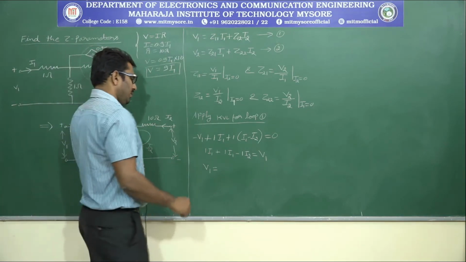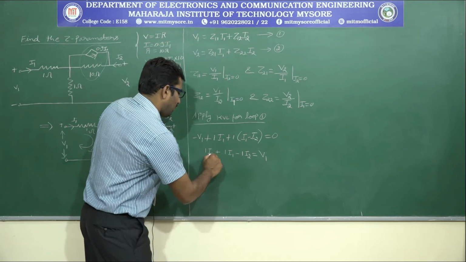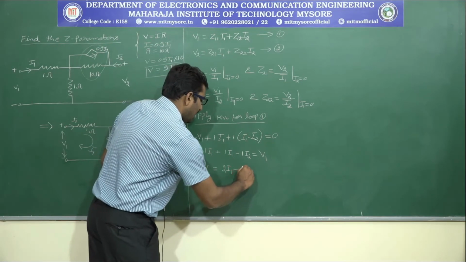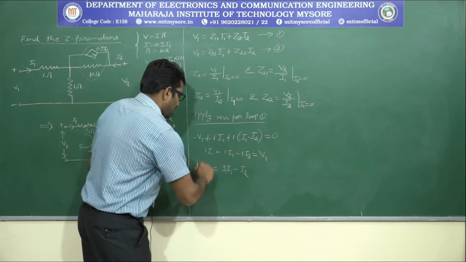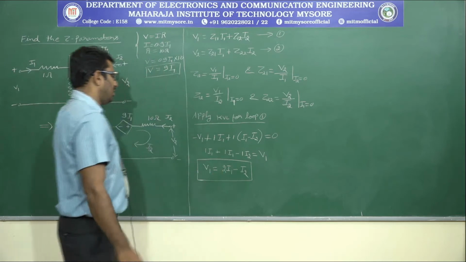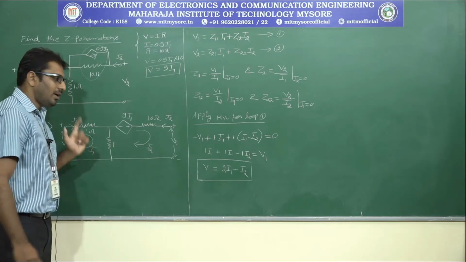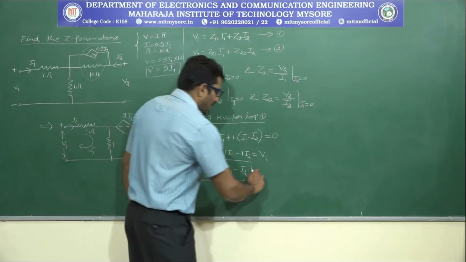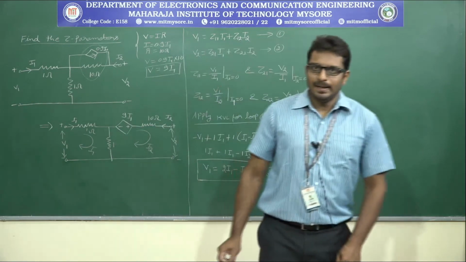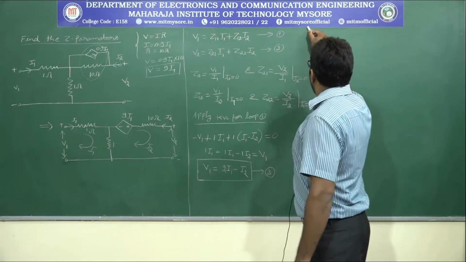V1 is equal to 1 plus 1, 2 I1 minus I2. So this is the simplified equation for KVL for loop 1, and let me call it equation 3. Is that clear?